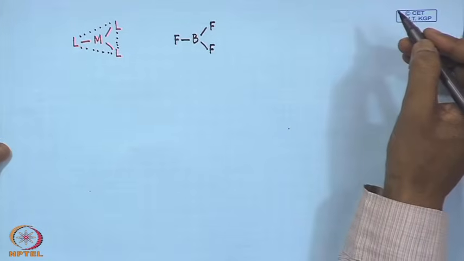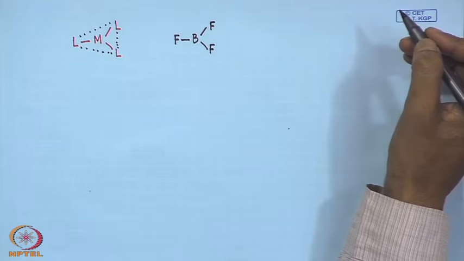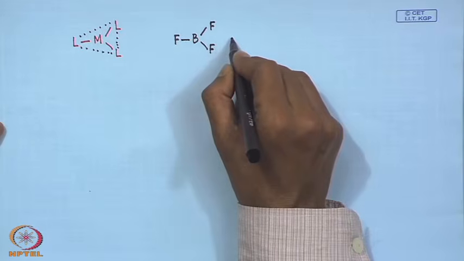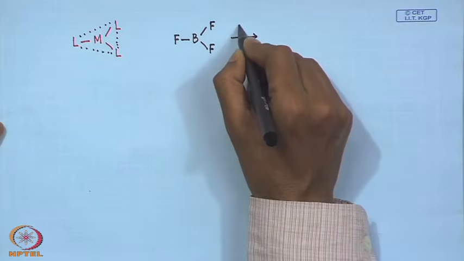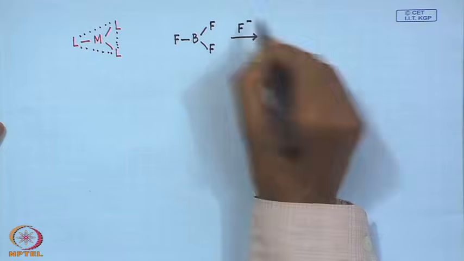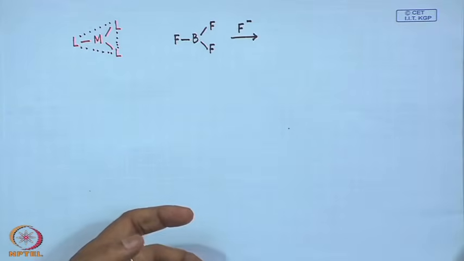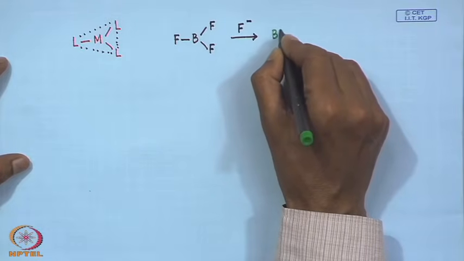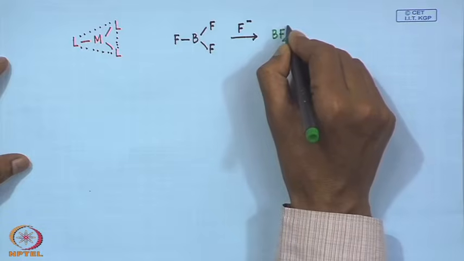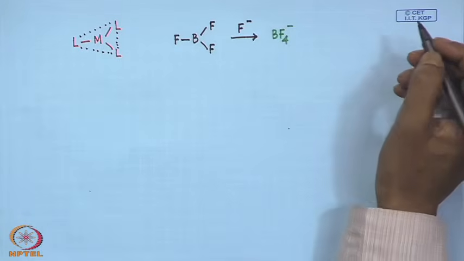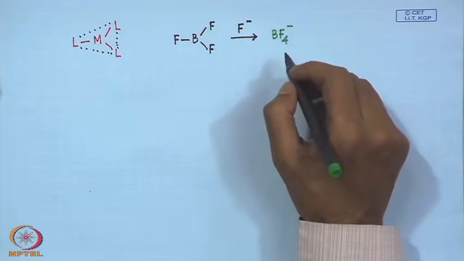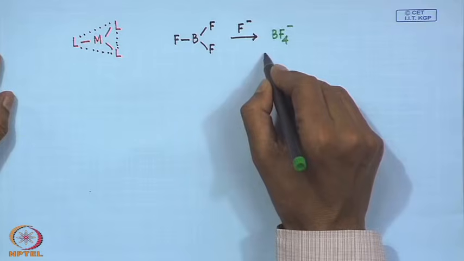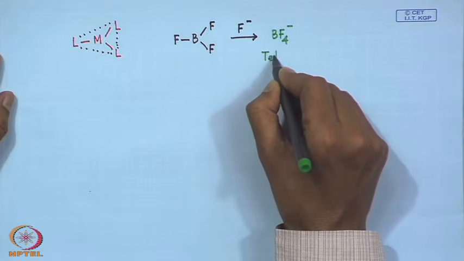Boron is attaching to three fluorine atoms, giving rise to boron trifluoride, and we all know the structure, because this can react with another fluoride anion to give a different, well known anionic species present with so many metal complexes, the tetrafluoroborate anion.